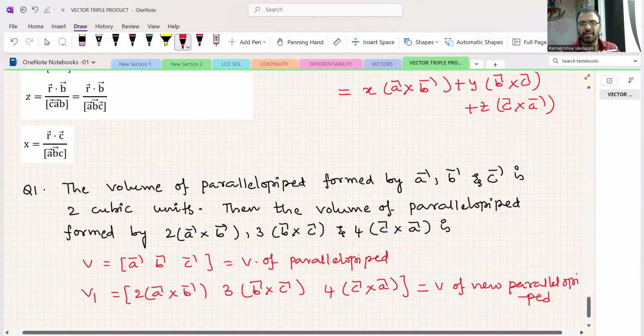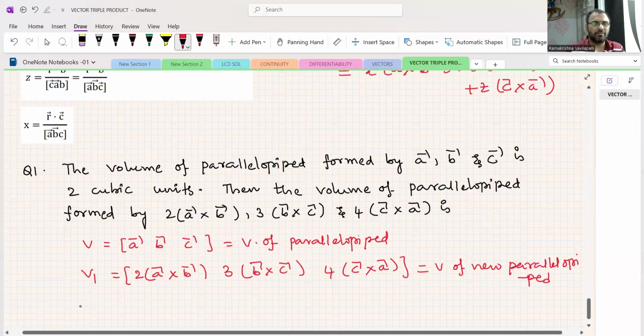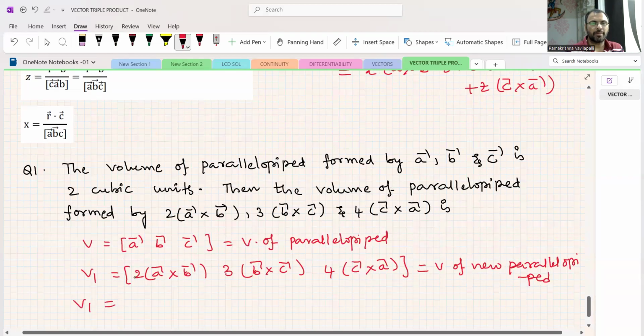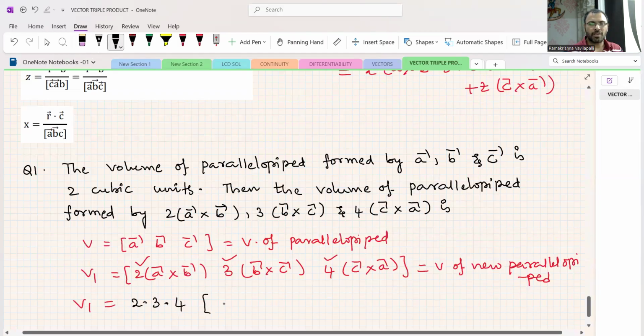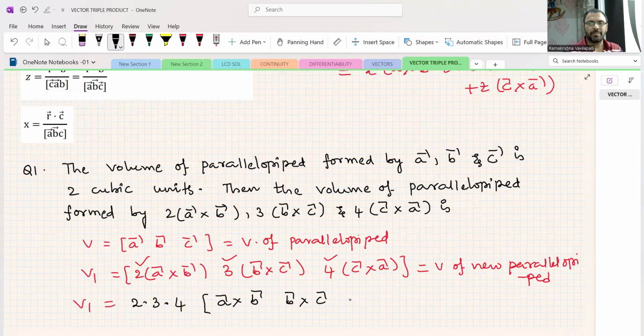So therefore, you can bring the scalars 2, 3, 4 out of the box. So you can write 2 into 3 into 4, and the box of A bar cross B bar, B bar cross C bar, C bar cross A bar.